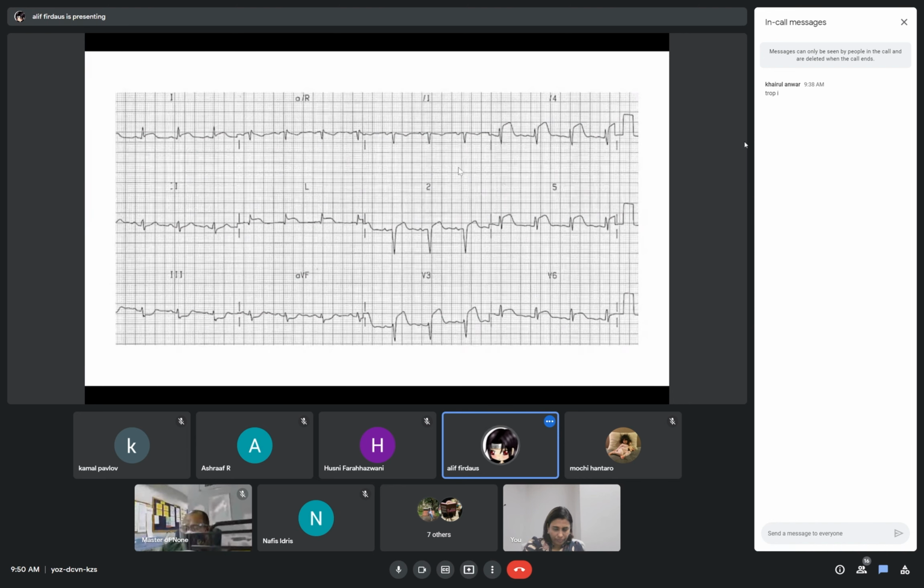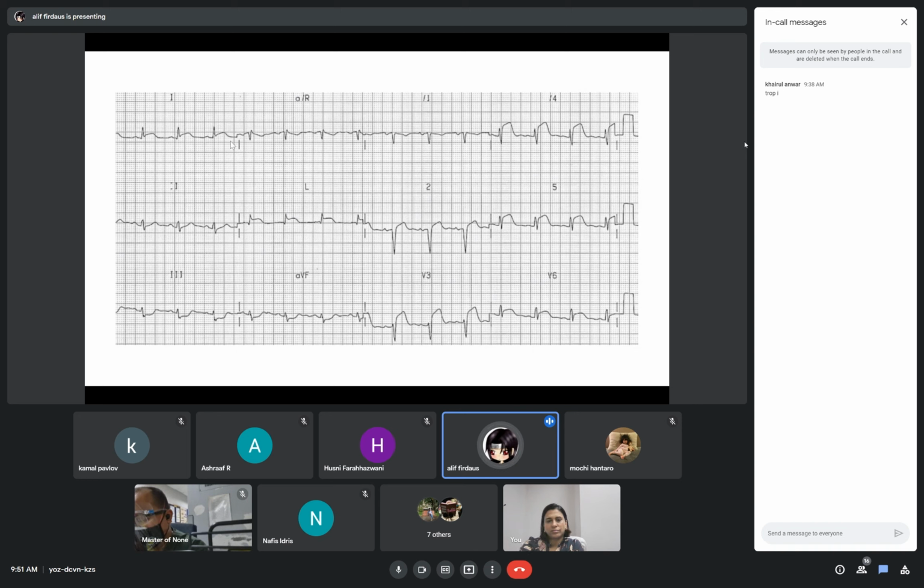So this is an example of an ECG of a patient having an MI. From this ECG, we have to focus on V2 until V6, ST elevation, and also lead 1 and lead AVL.